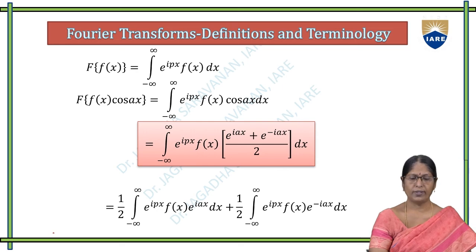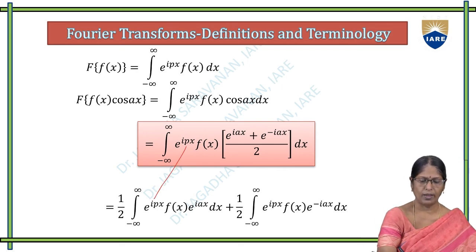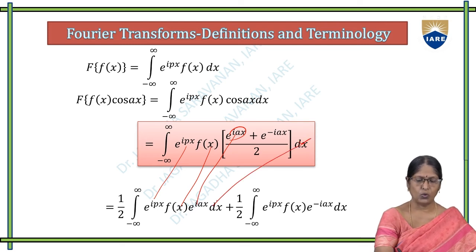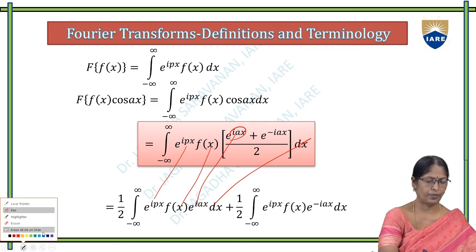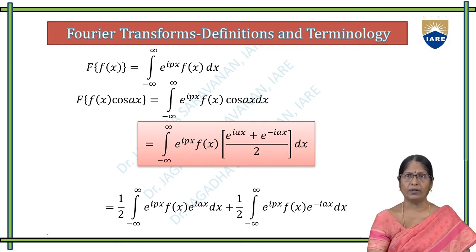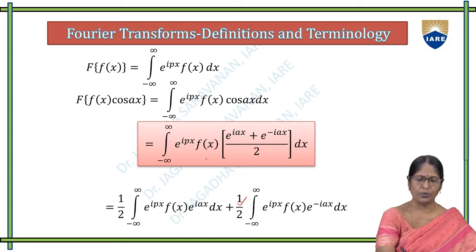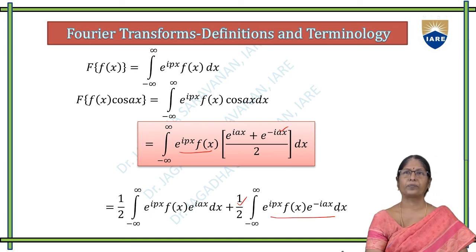So we can notice this one, f of x, as it is, dx here. The 2 is outside. In a similar manner, for the second integral also, 1 by 2 is multiplied, which is written here.